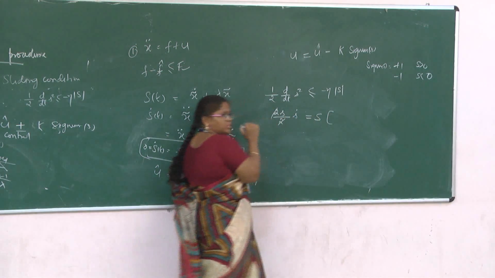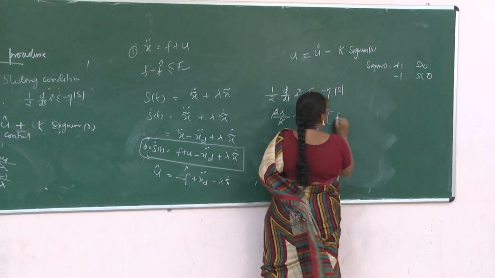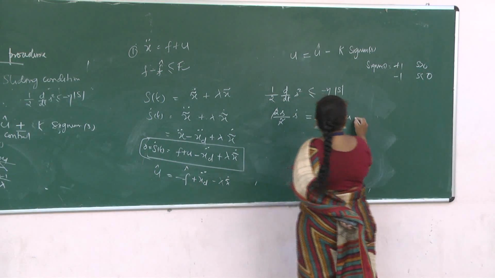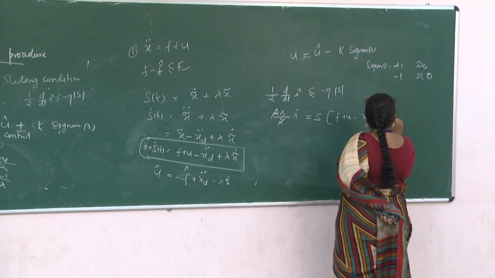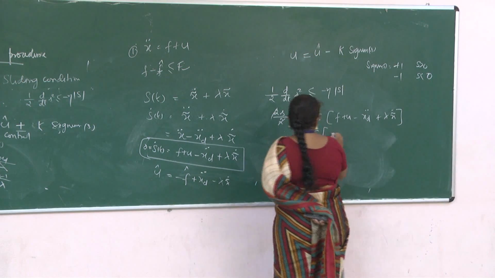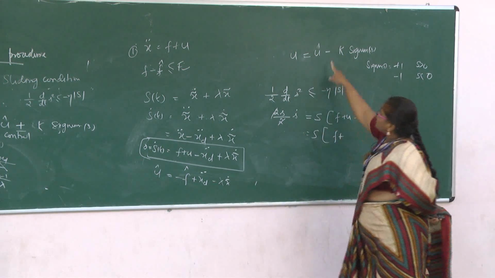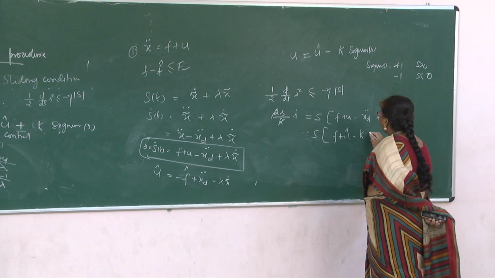In the place of s dot, I substitute f plus u minus xd double dot plus lambda x bar dot, and in the place of u I substitute u cap minus k sgn of s.